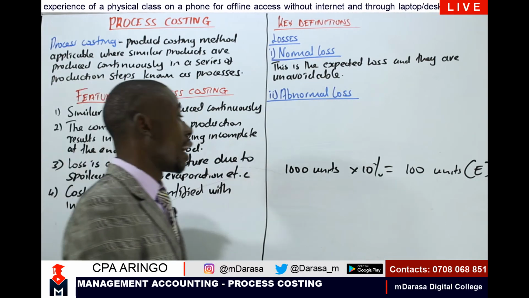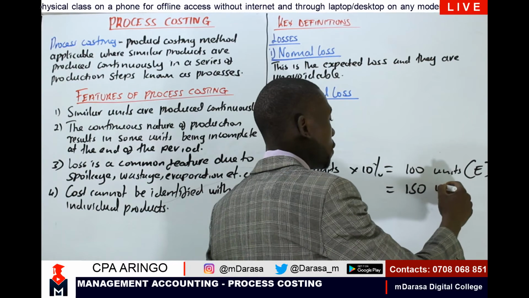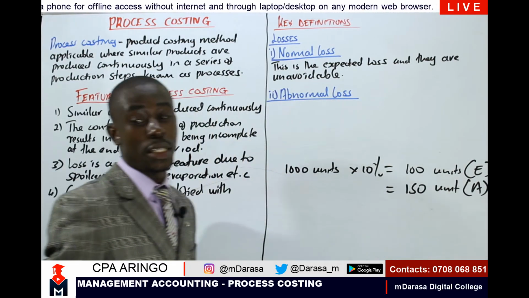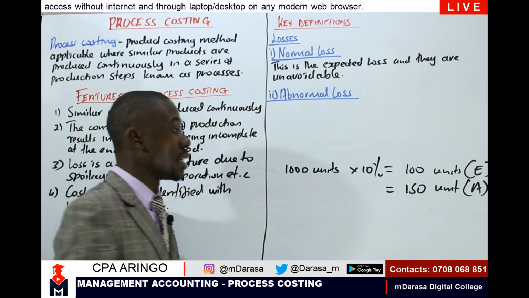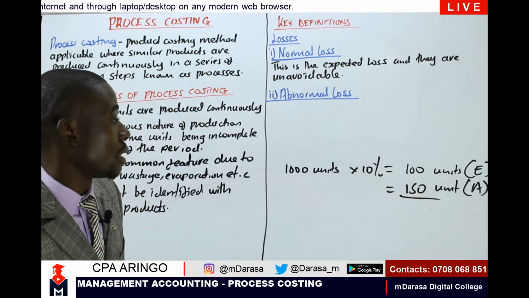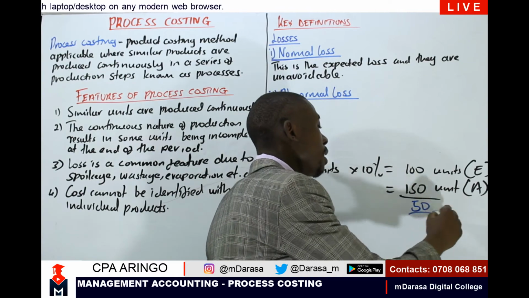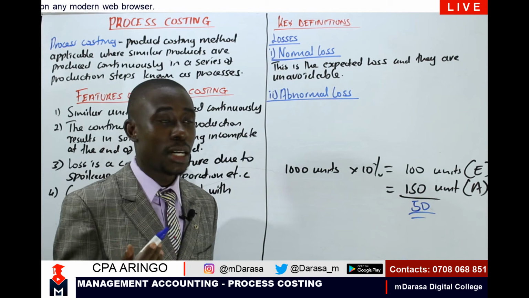But when it comes to actual, assume the actual loss is 150 units. So in this case, I had anticipated 100 units, but my actual is 150, meaning I'm having 50 units extra, the ones I hadn't anticipated.